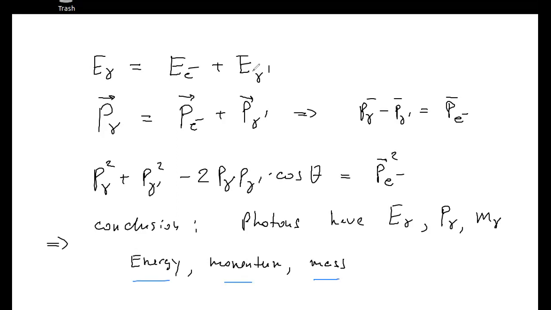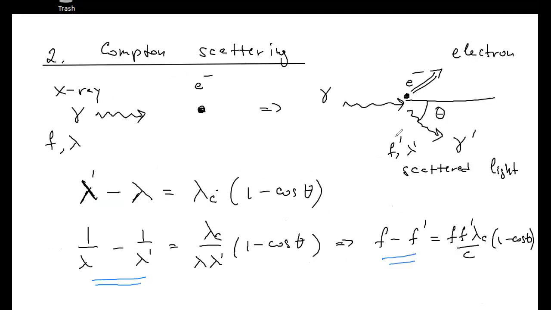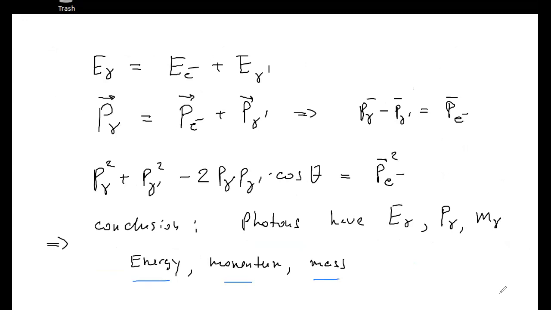So when Max Planck started, we introduced just E gamma. Then the photoelectric effect, you need E gamma to explain the photoelectric effect. In this case, you don't care about the momentum and the mass of the photon. But when you study Compton scattering, and you would like to get the correct dependence on the scattering angle, then you have to talk about energy and momentum conservation, and you have to introduce momentum and the mass of the photon.